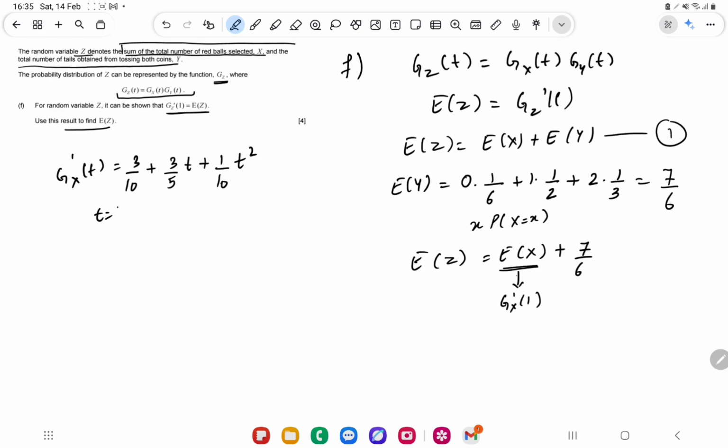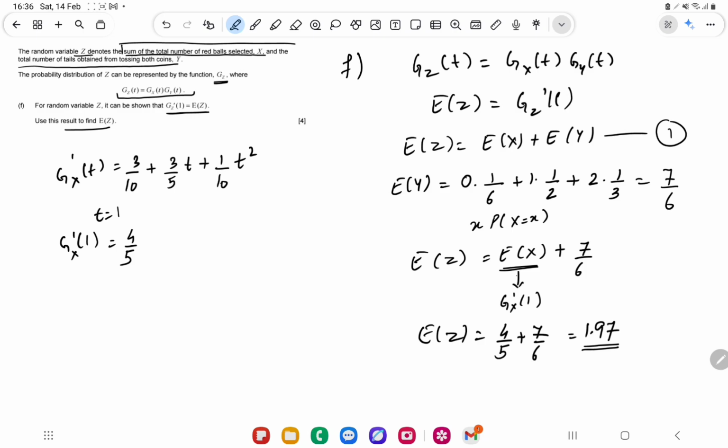So I can substitute t as 1. I will get G'x(1) as 4 by 5. So I can substitute here. So my E(Z) will be 4 by 5 plus 7 by 6. And then using GDC, I will get my answer as 1.97.